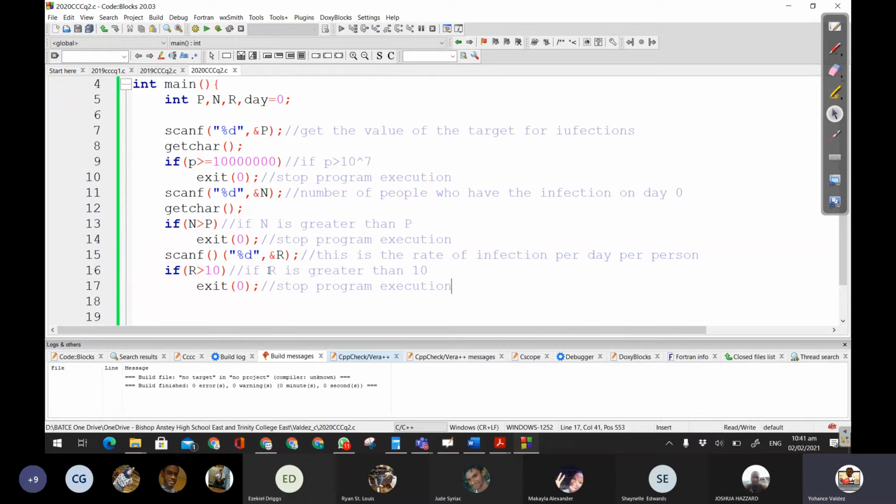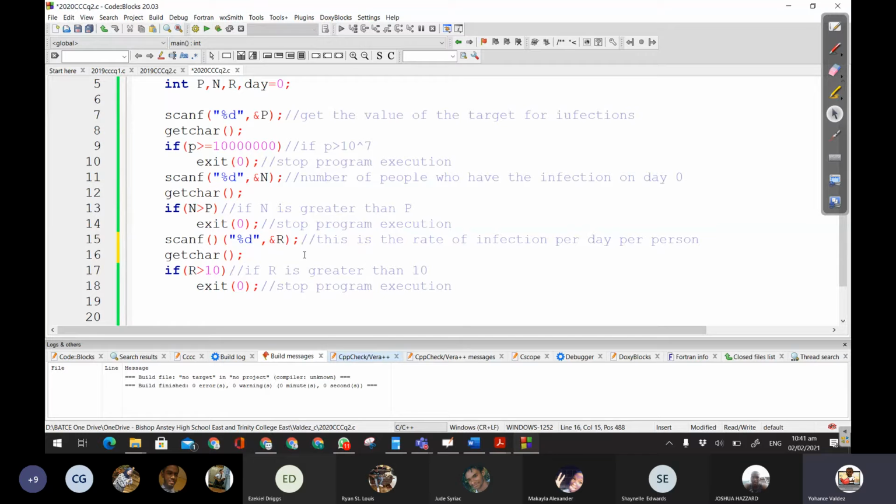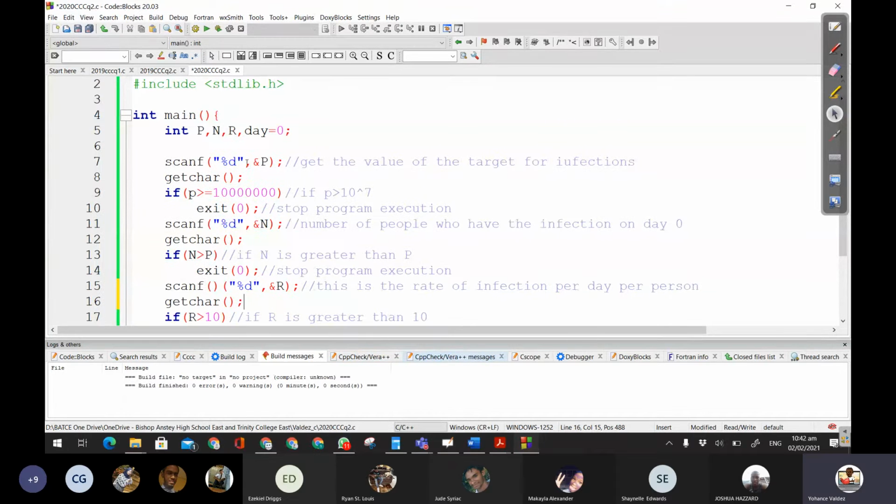So we've gotten the value for all of our inputs, and we know we've gotten the rules for the numbers that we have, and we want to now start to work out day by day what are the new infection numbers. So we say totals, right? Total, or tot underscore i for total infection.